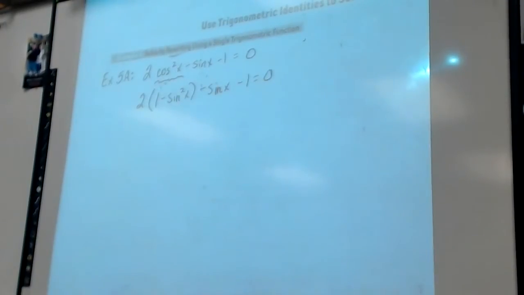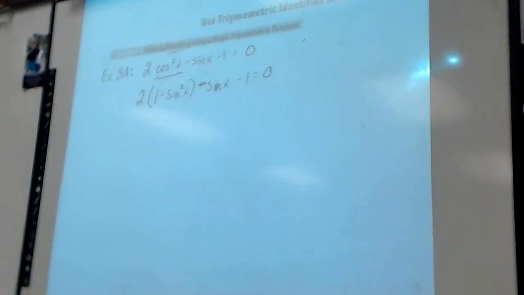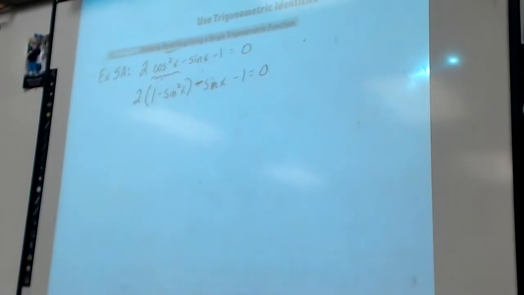2 times 1 minus sine squared x, minus sine x. Now, what do you think our next step might be? How do we get rid of the parentheses?